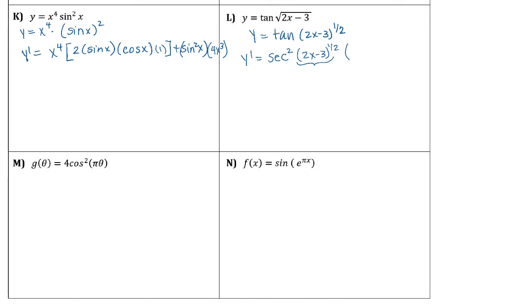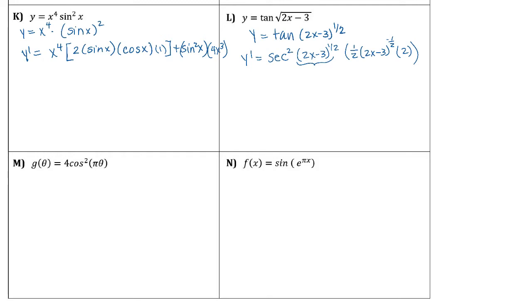So this is going to be the derivative of the outside, which is going to be 1/2 times 2x minus 3 to the negative 1/2, and then times the derivative of the inside, which is 2. And yes, please, please, please just leave your answer unsimplified.